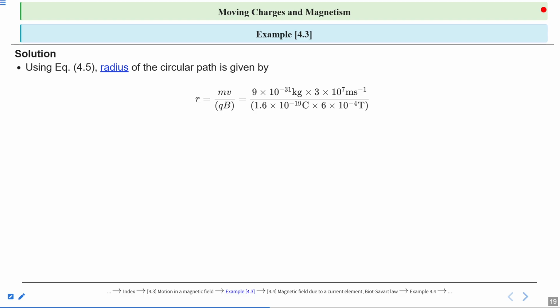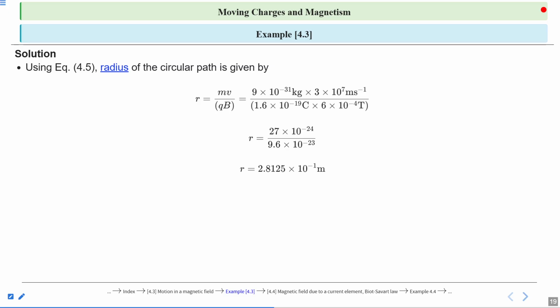mv by qB. So put the value of m, that is 9 into 10 to the power minus 31. Put the value of velocity, 3 into 10 to the power 7. Put the value of charge, that is 1.6 into 10 to the power minus 19. And put the value of magnetic field, that is 6 into 10 to the power minus 4 Tesla. So R, after solving, is equal to 27 into 10 to the power minus 24 upon 9.6 into 10 to the power minus 23.